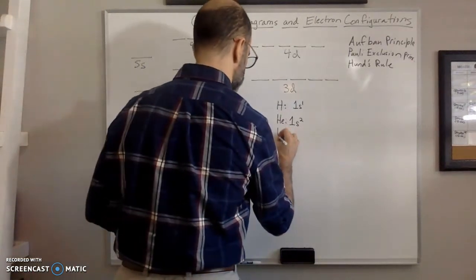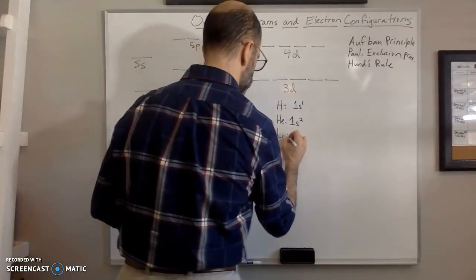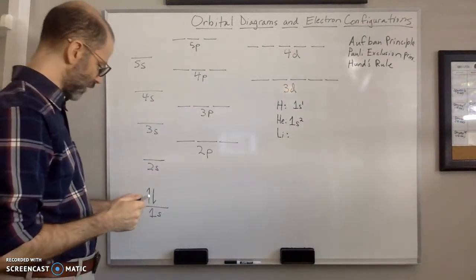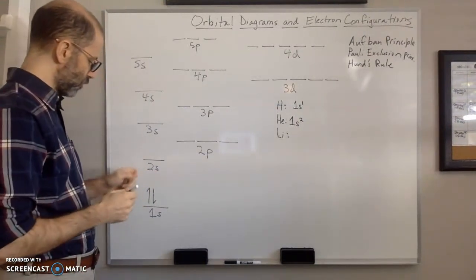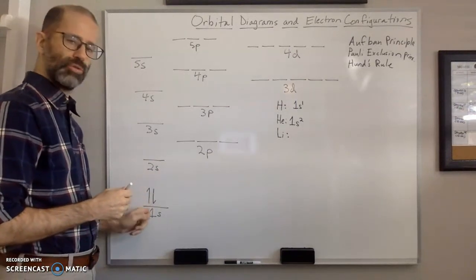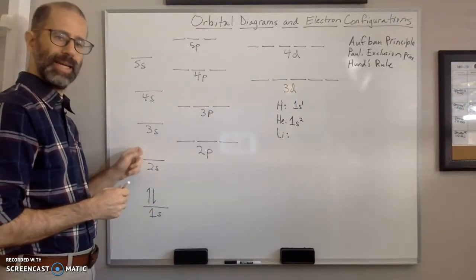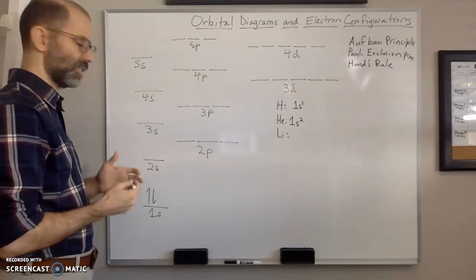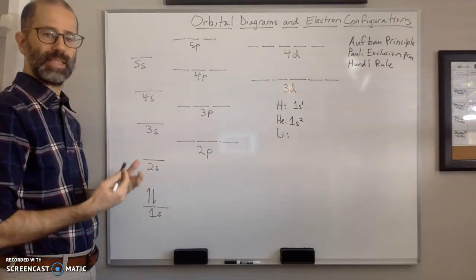Lithium. Lithium has 3 electrons in it. Here I have my 2 electrons, and I have a third one, but I can't have more than 2 in here, so I've got to put the third one in the next lowest energy level. Because I always want to have electrons in the lowest energy level.